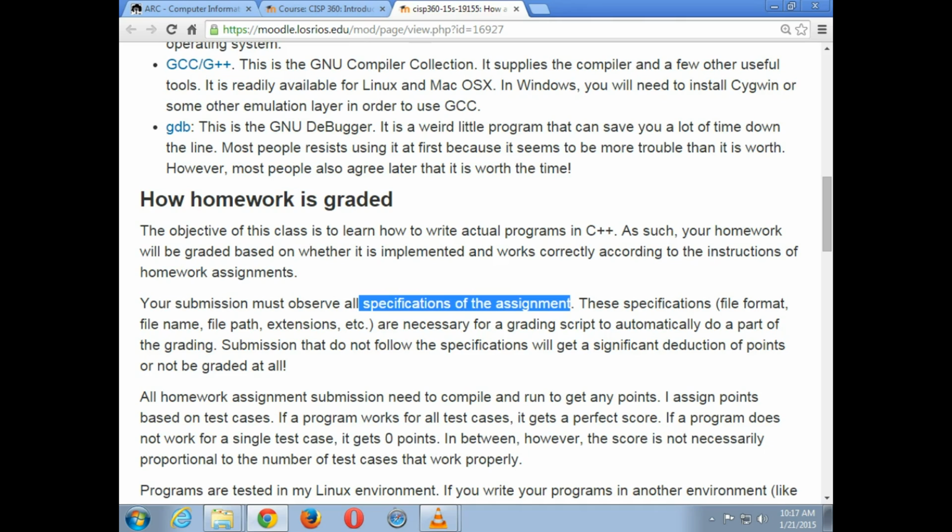So that's why being, quote unquote, picky, or doing things according to specifications, is really important in this particular industry. If you're in the art industry, okay, maybe it's not as important. But in this particular industry, in computer science, electrical engineering, or computer engineering, it is really, really important, okay?